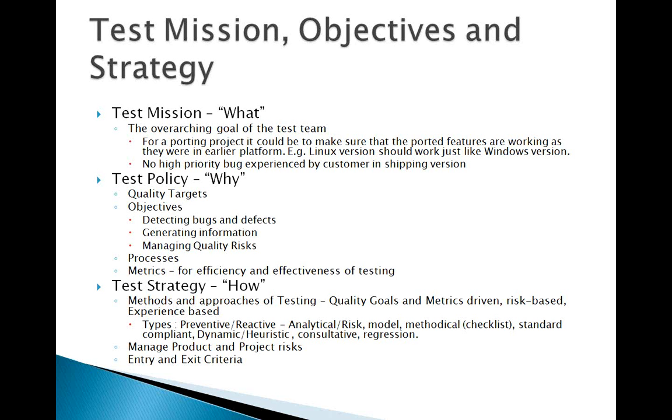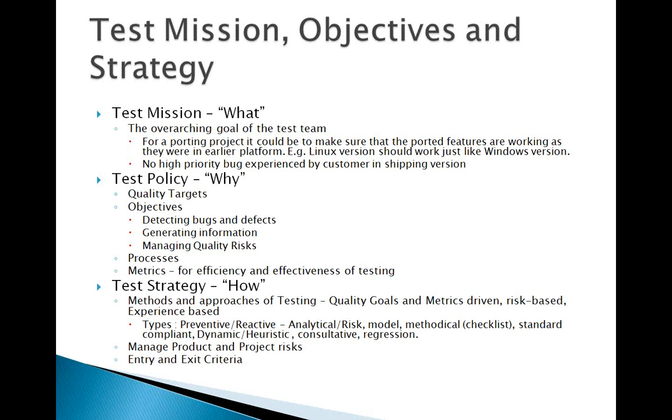Entry and exit criteria are again what is getting covered in the test strategy. That is, for each and every milestone, what is your entry criteria and what is your exit criteria. So whether it is alpha or beta or GM, or if you are following an agile model, at various milestones.